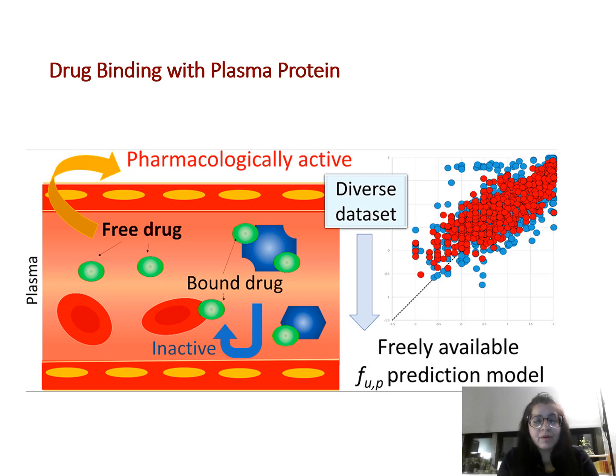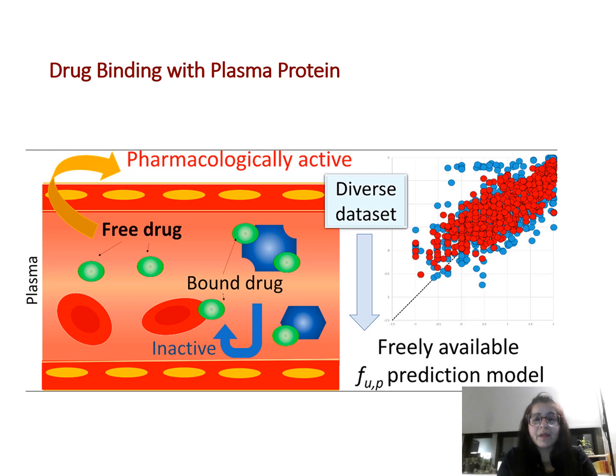So what is the target of a drug? The target is also another type of protein that we call a receptor. So what happens when a greater amount of a drug binds with non-specific protein in the blood, like albumin?